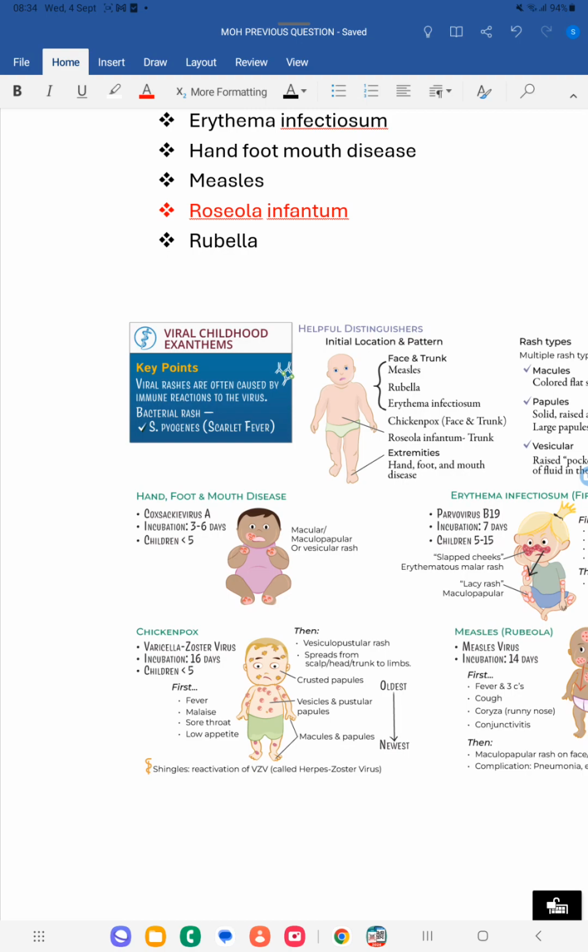Hand, foot and mouth disease happens because of the Coxsackie A virus. Incubation period is 3 to 6 days, and it affects children less than 5 years. They get a maculopapular or vesicular rash, especially in the palms and soles, and in the mouth area also.